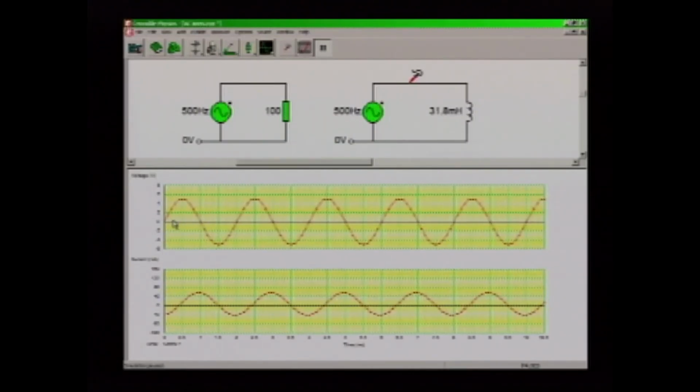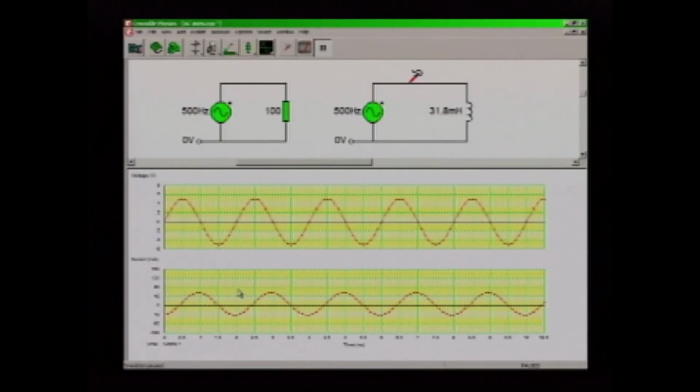So you can see here we have zero, peak, whereas here we have peaks where the voltage is zero. So the current through the inductor is plus 90 degrees out of phase with the voltage from the voltage source.